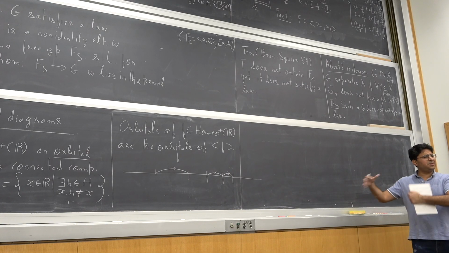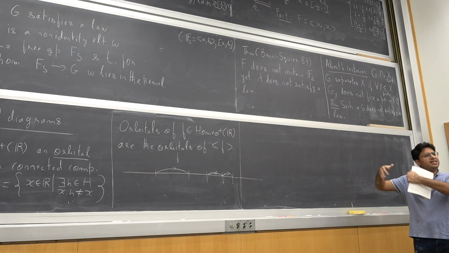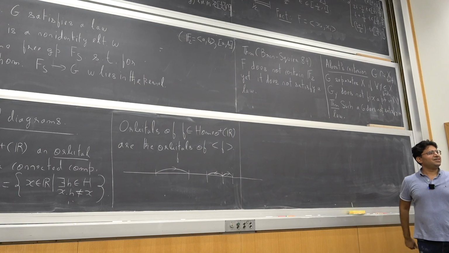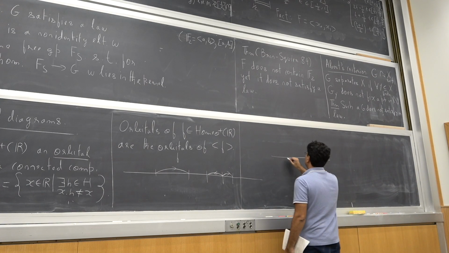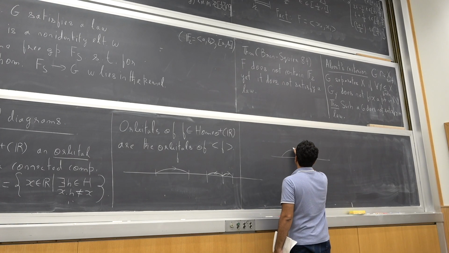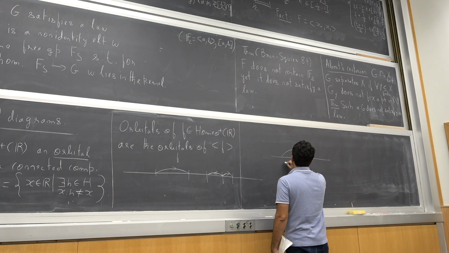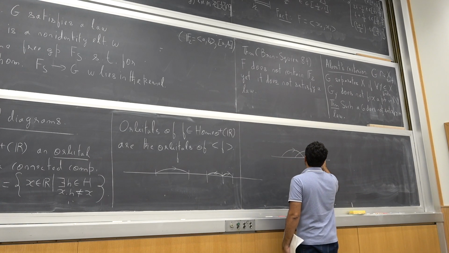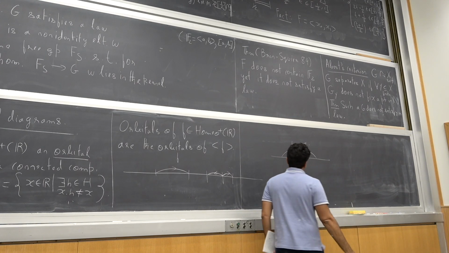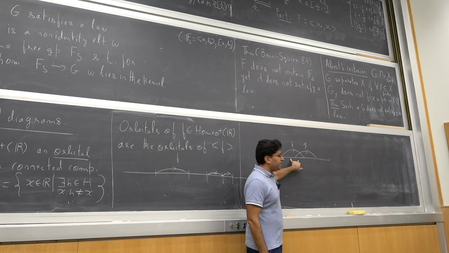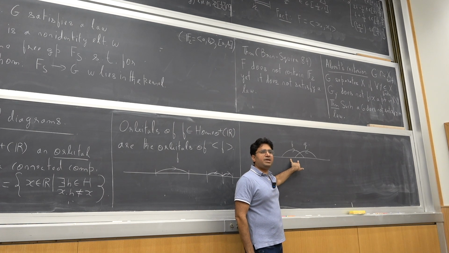So let's do a simple manifestation of that, and then we can sort of convince ourselves that we can do more. So let's just take the following picture. So I have this here, and then I have this, let's say. Okay, so this is F, this is G. Can these two generate a non-abelian free group?